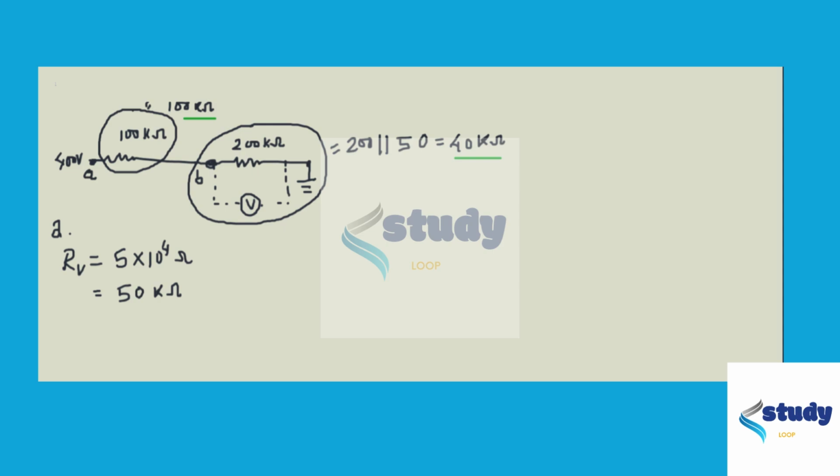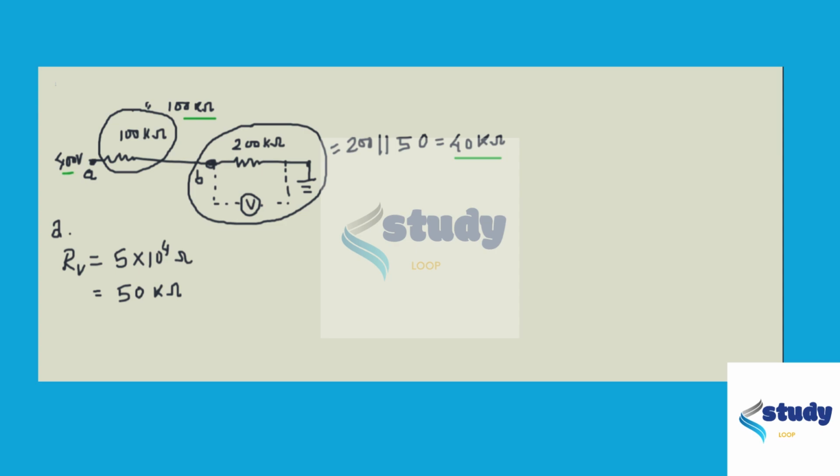Now we have a potential of 400. This potential needs to be divided among 100 and 40, right? So the potential divides in proportion to the resistance. That is, the ratio of resistances would be the same as the ratio of voltages.